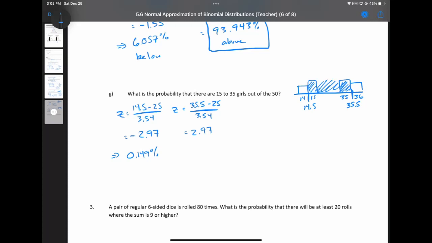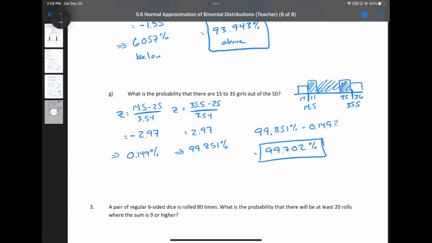They're kind of symmetric. And you can look that one up on your z-score table, and you're going to get 99.851% of data. And that means that the probability of getting 15 to 35 girls is 99.851 minus 0.149, which is 99.702%, I think.